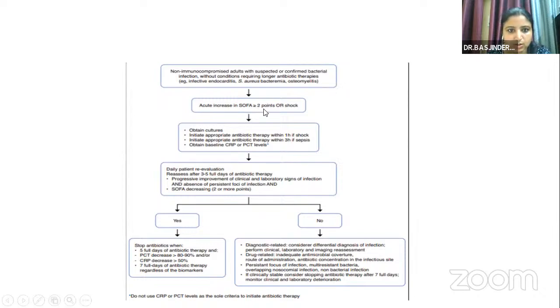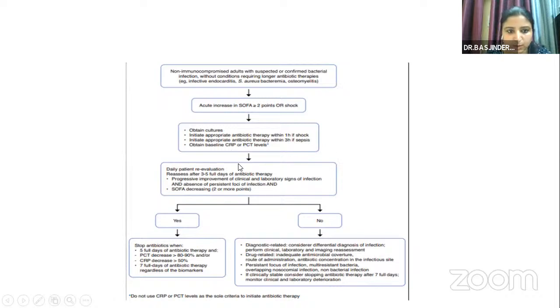If it has increased by 2 or more points, or the patient is in shock, you obtain cultures, start appropriate antimicrobial therapy within 1 or 3 hours, depending upon sepsis or shock, and then you obtain CRP or PCT baseline levels.